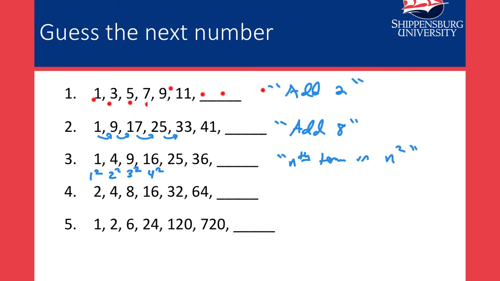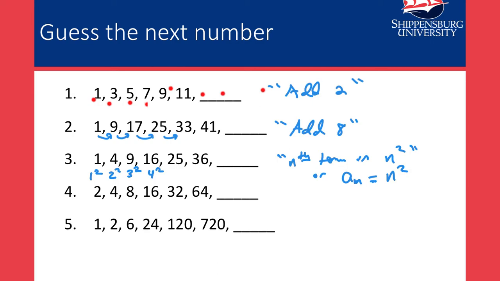When I write that, I'm thinking of the n there as being a variable. I'm thinking of that as a sentence where I can read it as the first term is 1 squared, or the second term is 2 squared, or the third term is 3 squared. So I'm seeing the connection between the position of the term and the formula that tells me what the term is. And so a better way of writing that would be with the sequence notation, a sub n equals n squared.